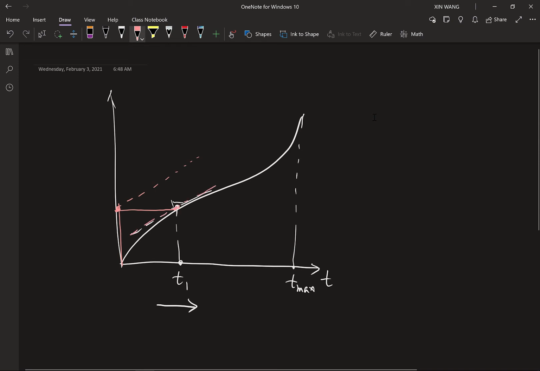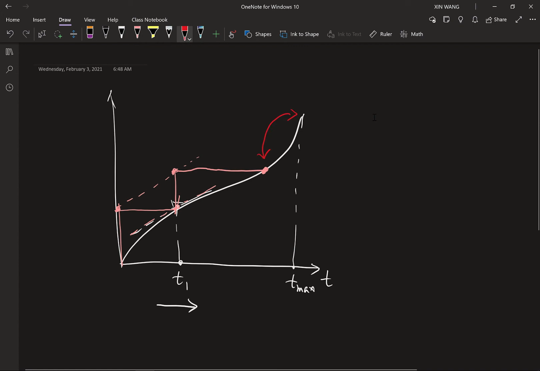So we find the dispatch at t1, the load is determined, and then we can find our destination at this point. If this point is the same as t max, then we have created an optimum solution.